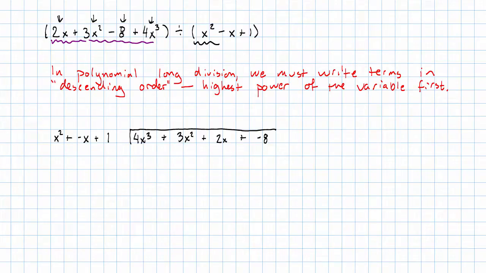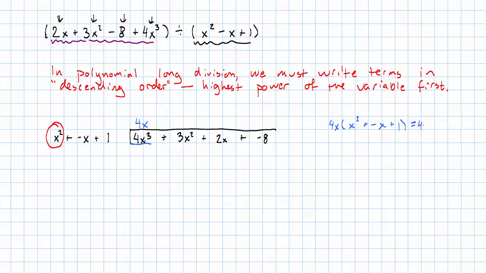So our divisor happened to already be in descending order. Okay, now this works just like before. We're looking only at the first term. 4x cubed divided by x squared. 4 divided by 1 is 4. X cubed divided by x squared is just x. So we'll have 4x times x squared plus negative x plus 1.